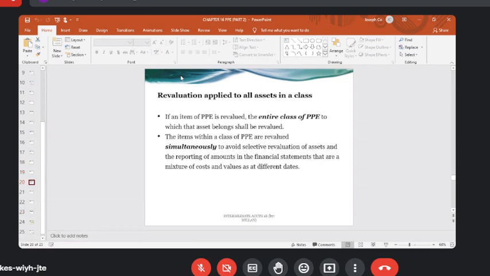And if we revalue, the entire class of PPE shall be revalued. The items within a class of PPE are revalued simultaneously to avoid selective revaluation and reporting amounts in the financial statements that are a mixture of costs and values at different dates.